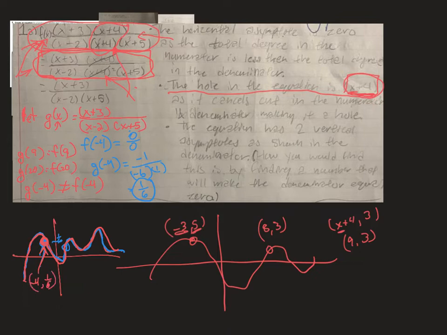Right? The hole on f of x is where x is equal to, I keep saying 4, but it's negative 4. All right, so the hole is at negative 4 comma 1/6.